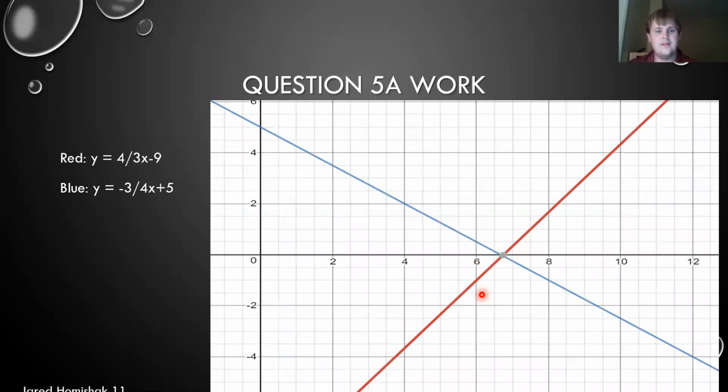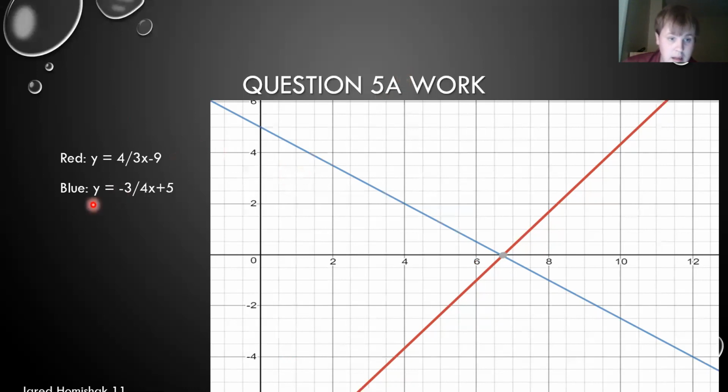Question 5, for the 5th question, the key is looking for the reciprocal. You've been given an equation of a line, and then you will have a point. That point is where you want the second equation that you come up with to pass through. And the key here is to look for the reciprocal of the slope.